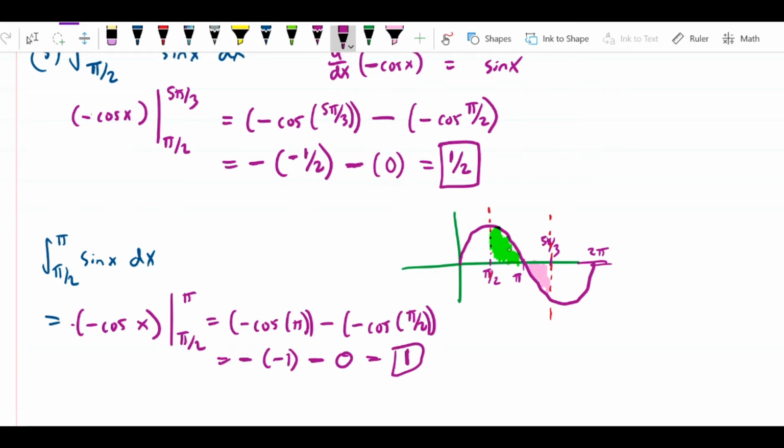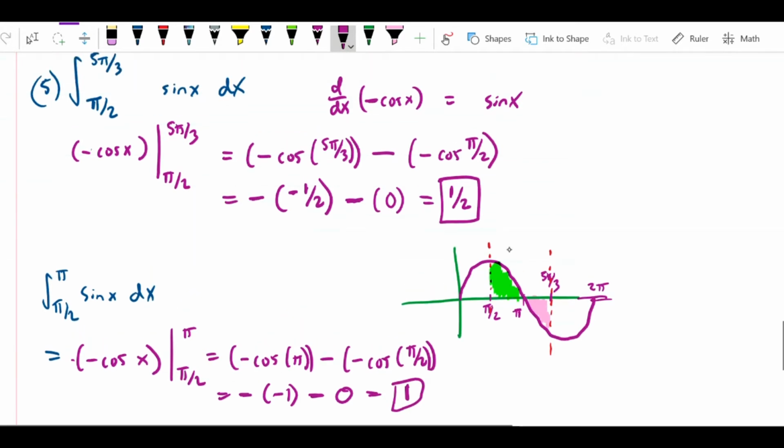In the first example, I'm integrating over a longer region, and yet I'm getting a lower number. The reason is that this method of finding the definite integral takes into account everything that happens, positive and negative, as we continue to add up the signed area. I started at pi over 2, moved to the right, and the curve is positive, so I'm adding up positive area.